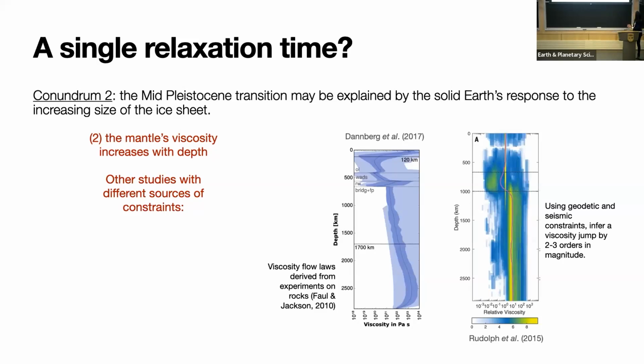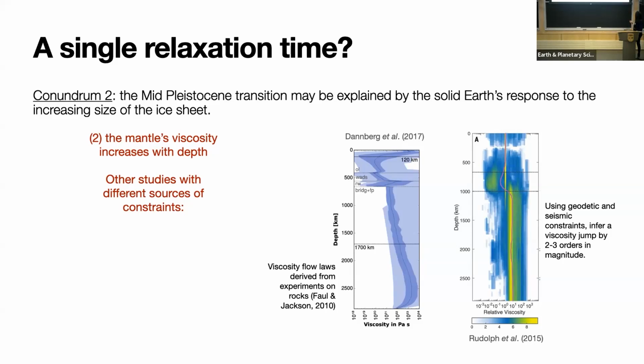These are other independent studies. This is a viscosity profile derived from flow experiments, albeit these are performed at pressures and temperatures that are more representative of the upper mantle. But if you scale these results to the deep mantle, you would expect an increase in viscosity.